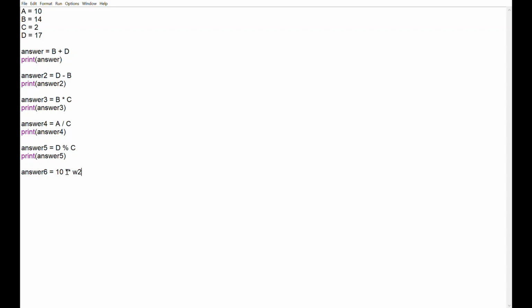I'm doing the smallest numbers because this is like the most advanced one. So you would just do 10 times 10. I'm pretty sure most of you know it. If you don't know it, that's fine too, and you'll see the answer in a bit. So just do print answer 6. And then let us run it and I'll show you what's supposed to happen if you do this code.